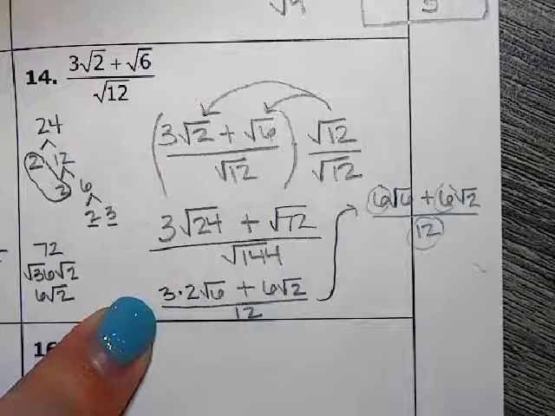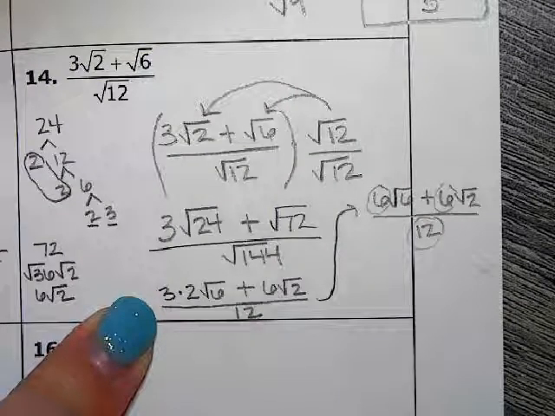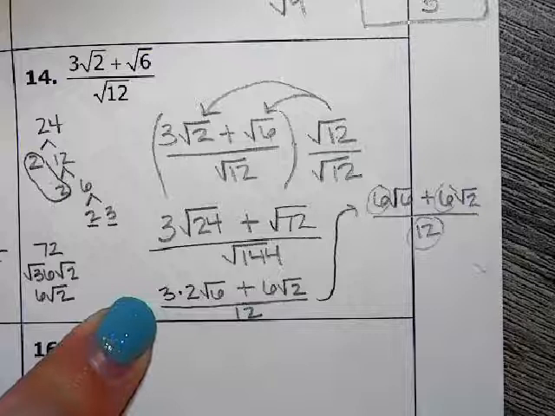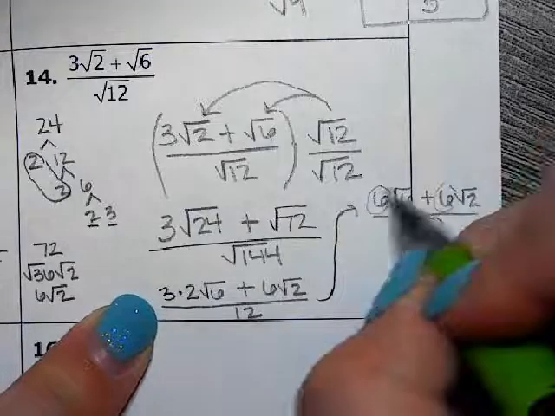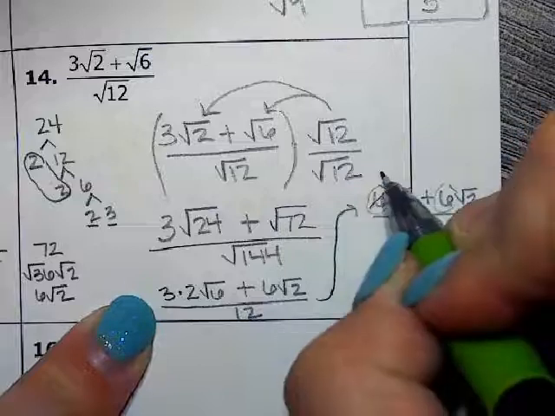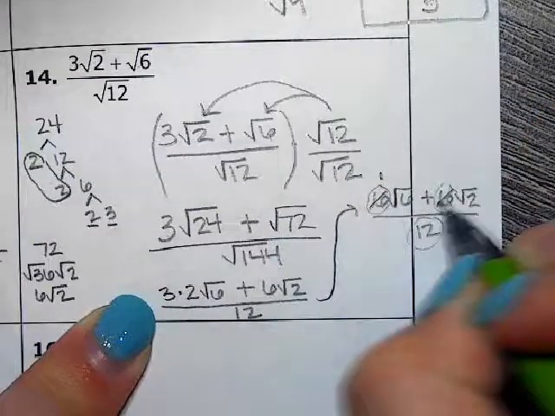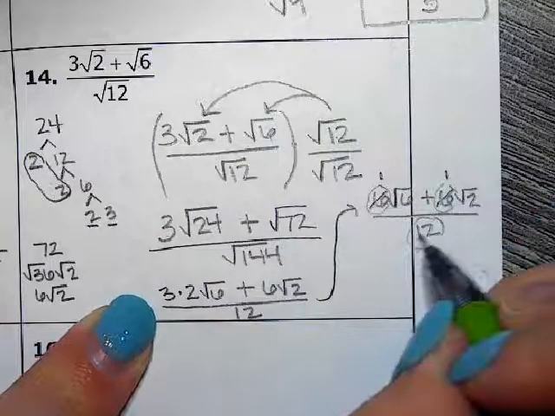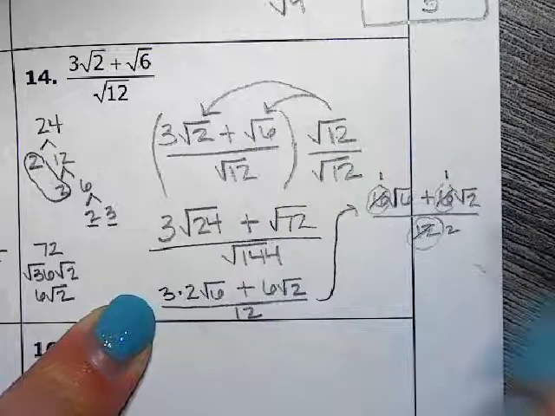So I'm going to divide this by 6 and get 1. Divide this by 6 and get 1. Divide this by 6 and get 2. So this answer, you can write 1 root 6, but you don't really need to. You can just write root 6. Root 6 plus root 2 over 2.